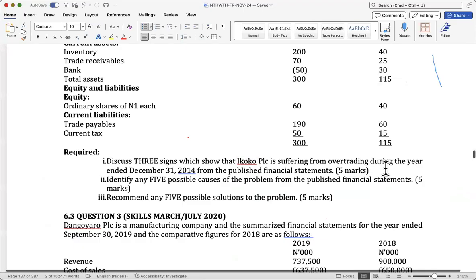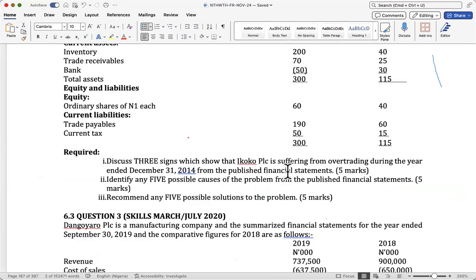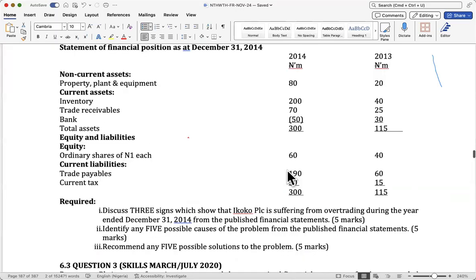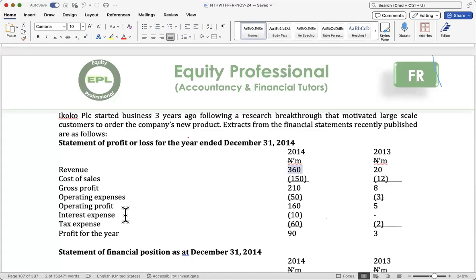In 2013, his revenue was 20 million. In 2014, look at the sharp increase in sales. Look at the interest expense. In 2013, it was 0. In 2014, it's 10 million. Look at his tax. 2 million. In 2014, 60 million.